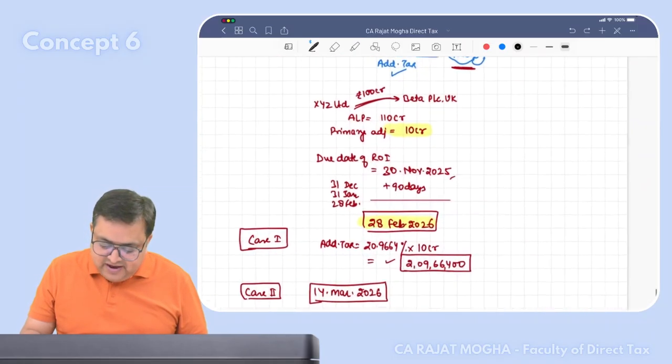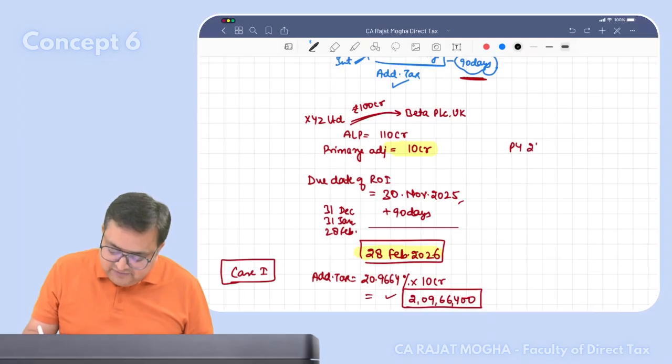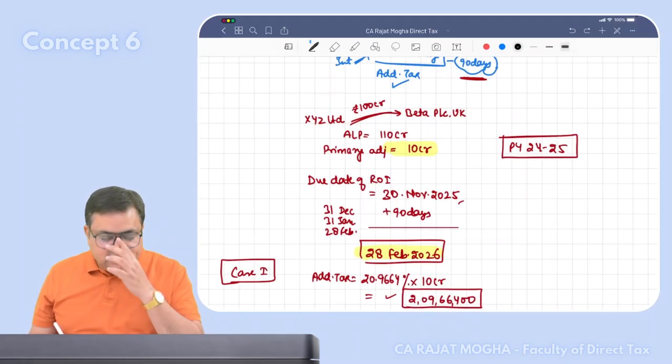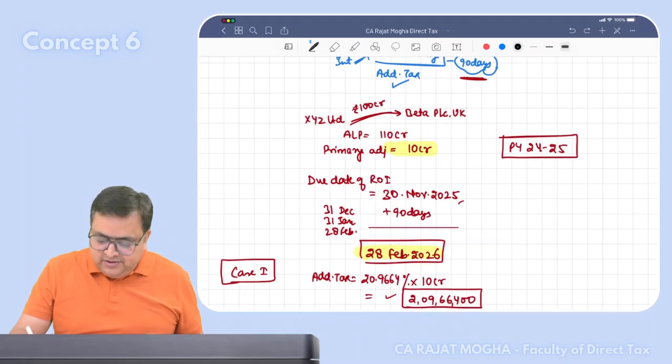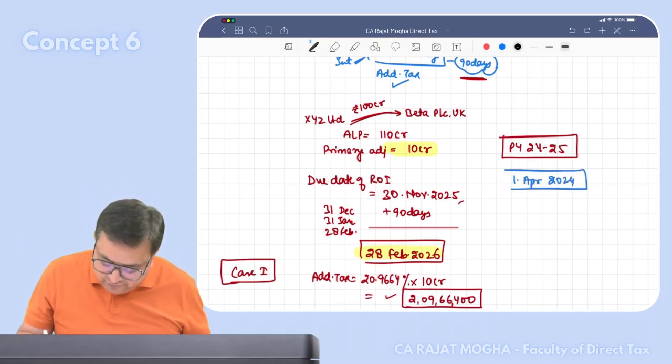This transaction we have done in the previous year 24-25, right? Now, very, very important, guys, you have to concentrate on this. So 1st April 2024. Is this the 1st April we have to take?